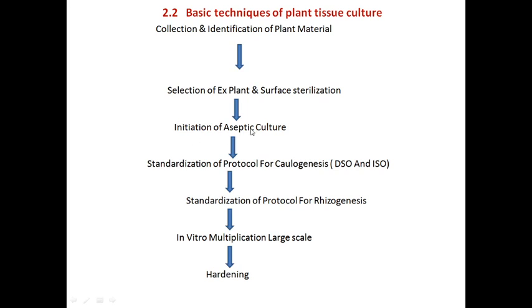So for the initiation of aseptic culture, the surface sterilized explant is successfully inoculated into the culture medium under aseptic conditions in the laminar airflow. Then the standardization of protocol for caulogenesis. Students, when we inoculate the explant on a suitable culture medium, firstly we do not properly know which culture medium or which concentration of hormones like auxin and cytokinin is suitable for that plant.